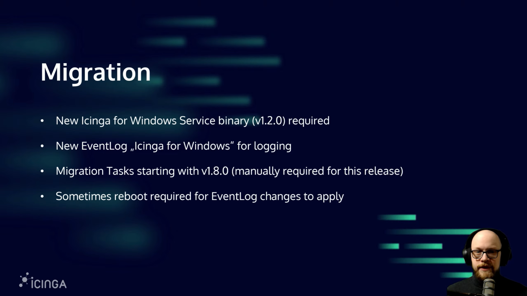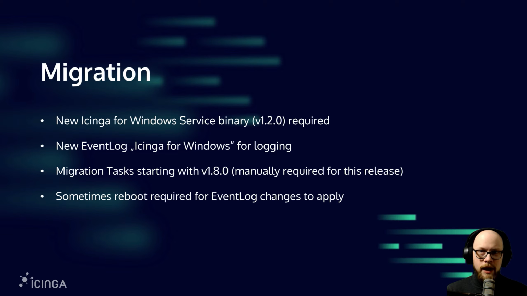So that's also available within the Icinga repositories. So you will have to update this binary in order for Icinga 1.8 to work properly because of the new event log feature we added, because we now have the Icinga for Windows log. That's also something that is required.